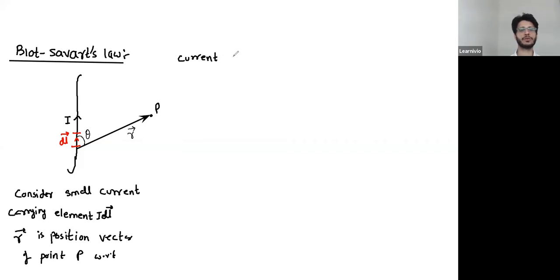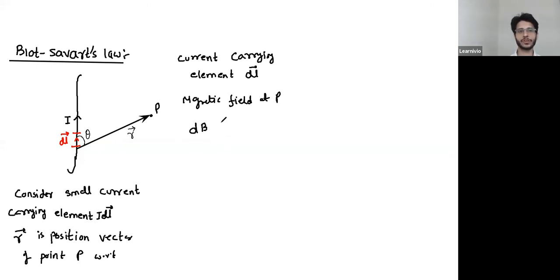With respect to current carrying element, you are supposed to calculate the magnetic field at P.